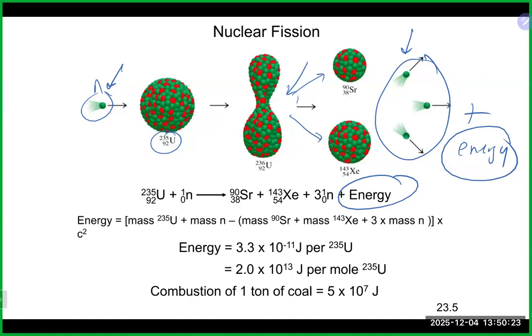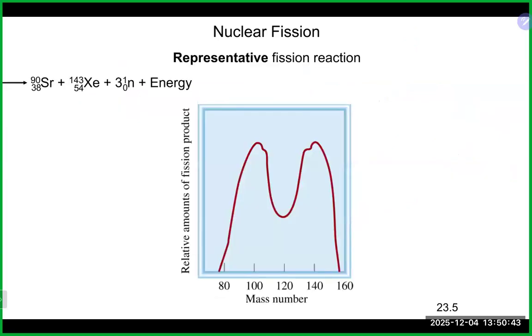And if you compare that to the combustion of a ton of coal, you only get 5 times 10 to the 7 joules. The comparison there is in a traditional power plant, they burn coal to make power, and in a nuclear power plant, they use a fission reaction to do that. And you can see a lot more energy, obviously, in the nuclear reaction.